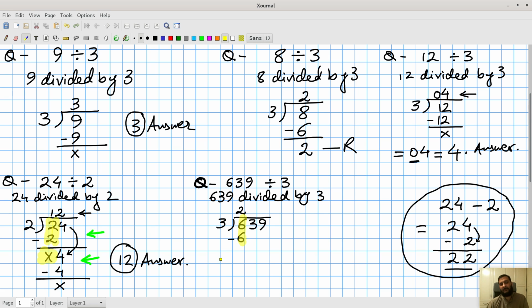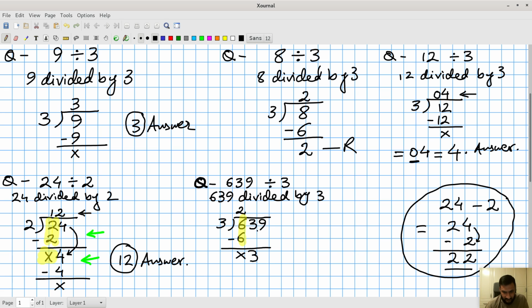Just these two. Right. 6 minus 6, nothing left. So the remainder resulted in nothing, and it's the turn of the next digit to fall down.